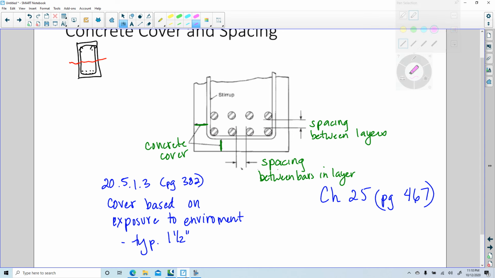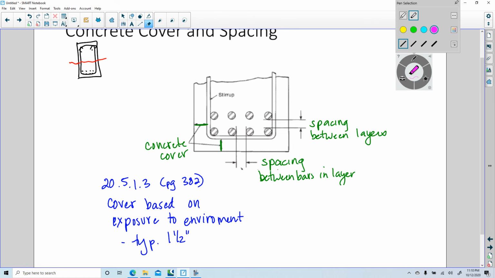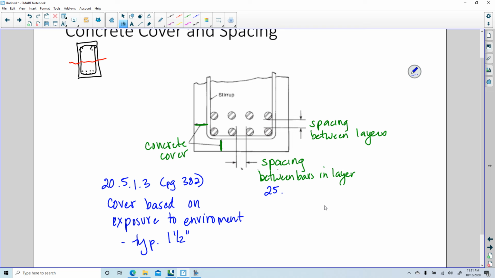So if we go back to here, this section is 25.2. I wrote it down.